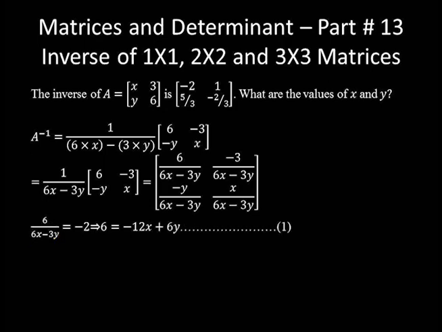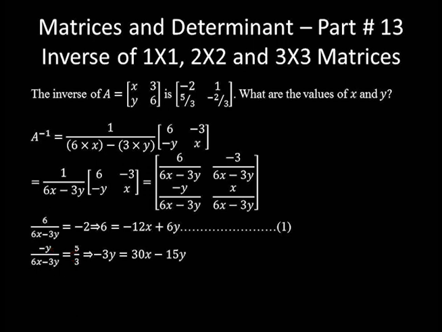Again, to find the value of y, we have to equate the values of row 2, column 1 elements in the two inverse matrices, meaning negative y over 6x minus 3y equal to 5 over 3. Multiplying crisscross, we will find negative y times 3 is negative 3y equal to 5 times 6x is 30x minus 5 times 3y is 15y.